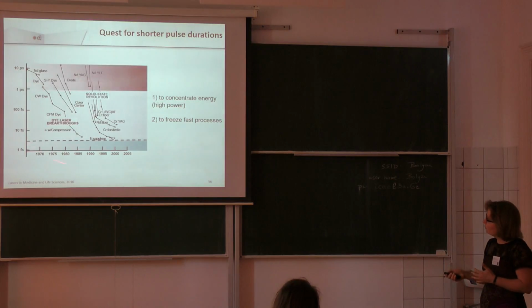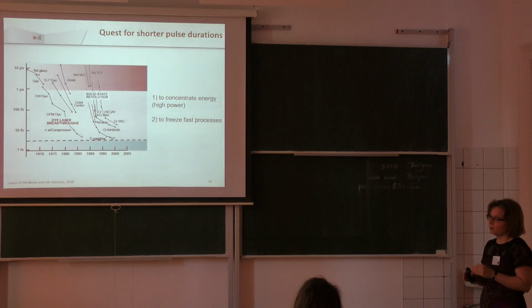Here you see what progress has been made. So the first laser was demonstrated in 1960, and since then new laser materials have been discovered and used, and improved dispersion management has been used to now get to a fundamental limit. In the visible region, the wavelength of light determines how short a light burst can be.